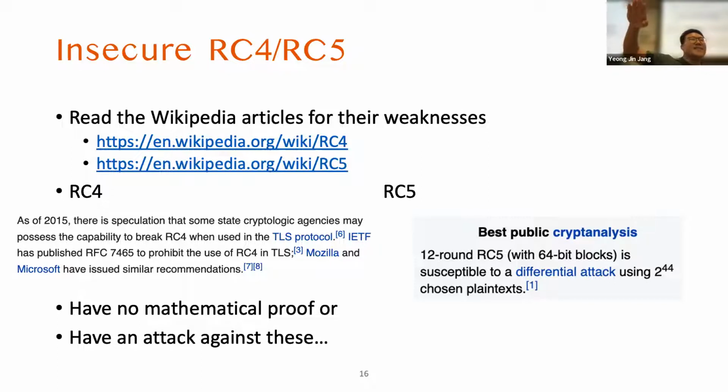If that is big enough compared to our supercomputing power, then we are secure. But this kind of cryptography does not come with that kind of proof. So that's why there could be an attack like these two.